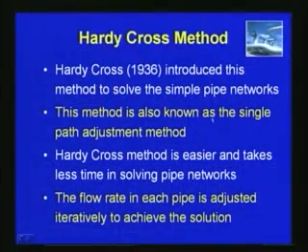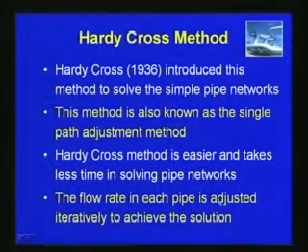The Hardy-Cross method is easier and takes less time in solving pipe networks, since at a time we are dealing with only a single path. So this is much easier, and depending upon the problem we can easily solve the network problem.